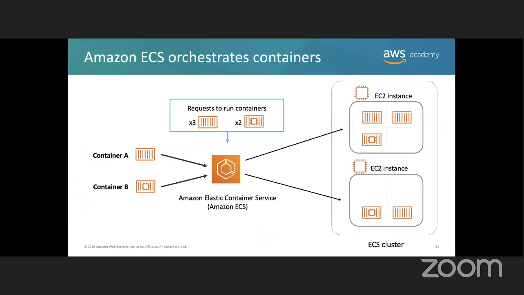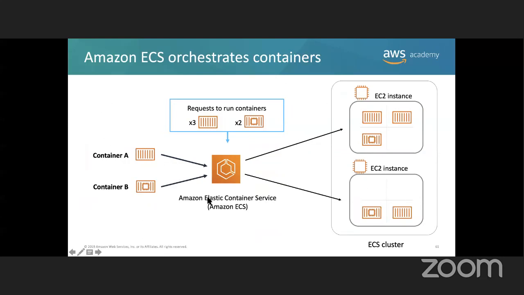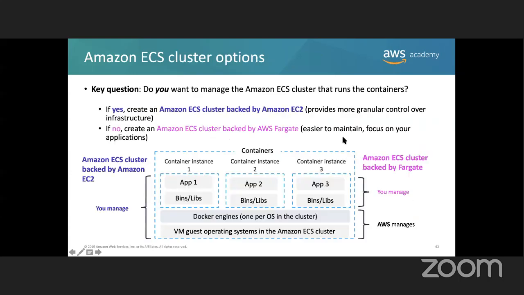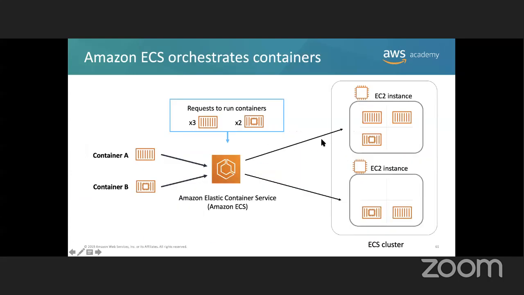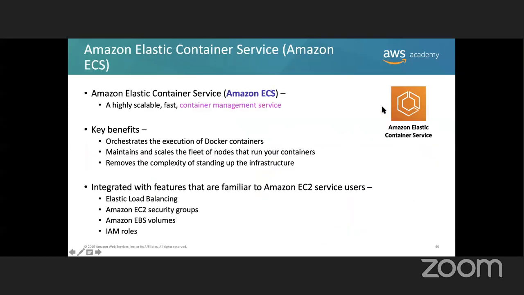So you have Amazon ECS, orchestrating containers. You have a request to run containers right here. And then you have the Amazon Elastic Container Service right here. And then you have container A, container B, that has one EC2 instance. This one has one EC2 instance. And then you have another EC2 instance here. So it's an orchestra, okay?